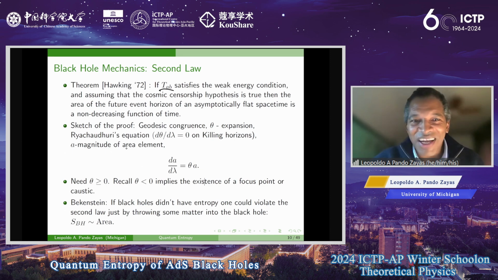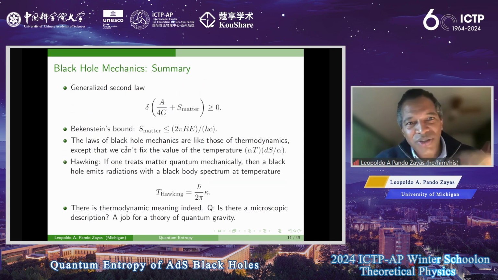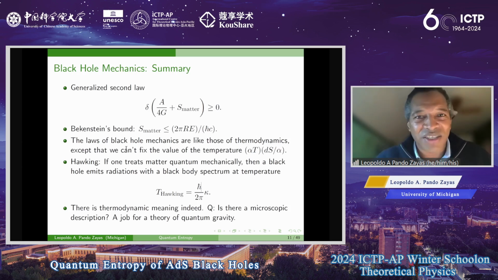So this is essentially what you would expect for a quantity that would be related to entropy. Of course, it's a little bit broader than that. Sometimes it's now currently formulated as the second law, and it includes that the area grows, and of course some matter surrounding the black hole, so that the combined entropy grows.